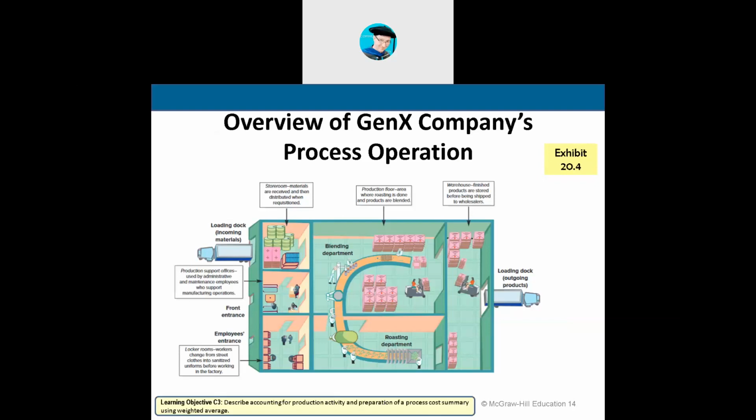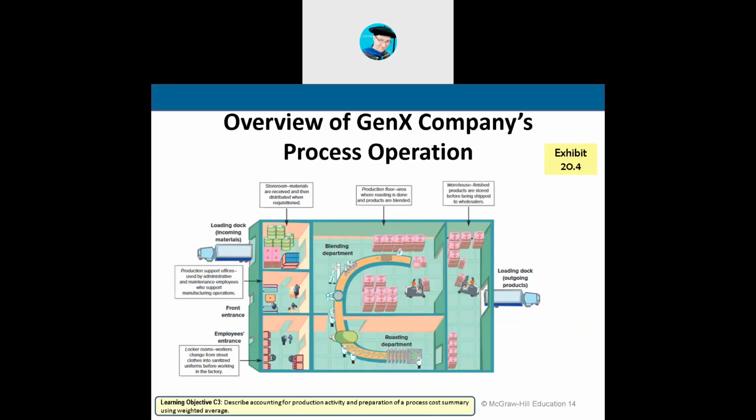In the blending department, I'm adding in additional materials, additional direct labor, and additional overhead. Overhead coming from the machinery, direct labor coming from the more employees on the assembly line, and more direct materials.